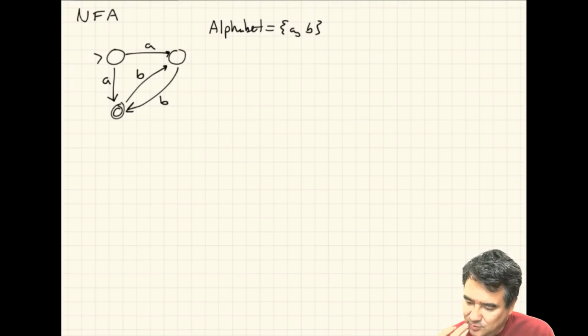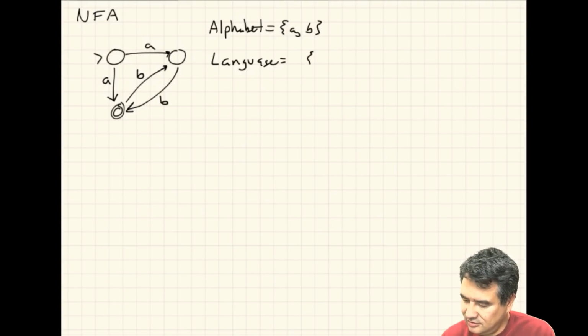So let's see what are some strings that this accepts. Right here, going down, that's just A. We start here and we can go A, B. That would be a string that we could accept.